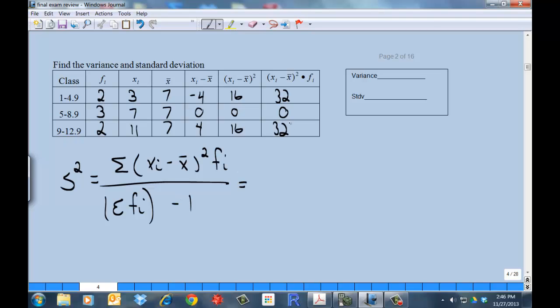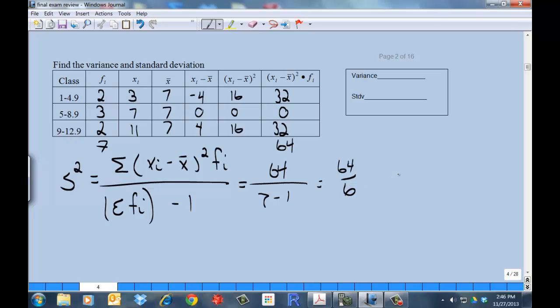So the numerator here is going to come from adding up this last column here. 32 plus 0 plus 32, 64. And then the denominator is going to come from the sum of the frequency, which is 7. So 7 minus 1 gets 64 over 6.